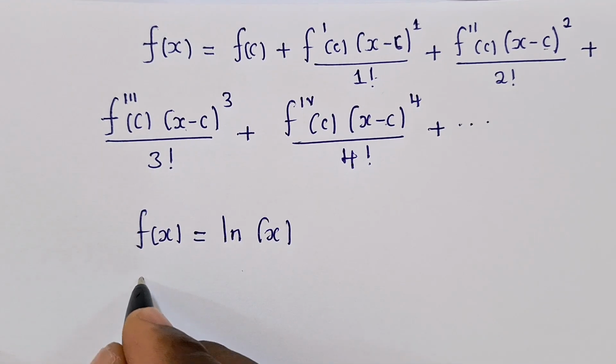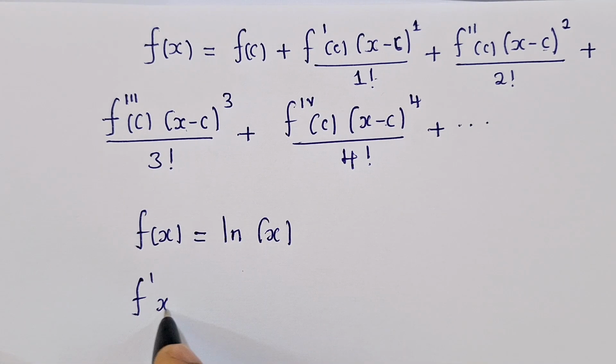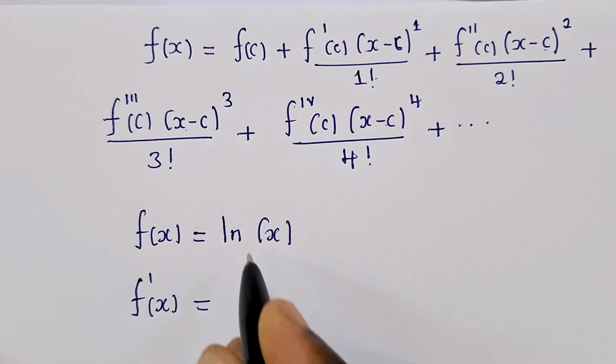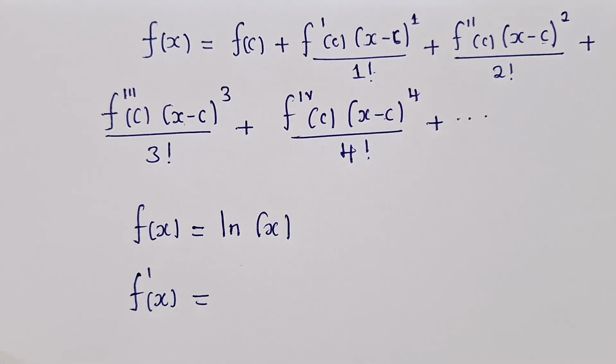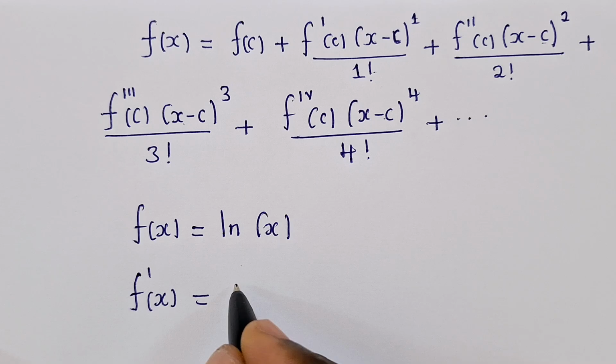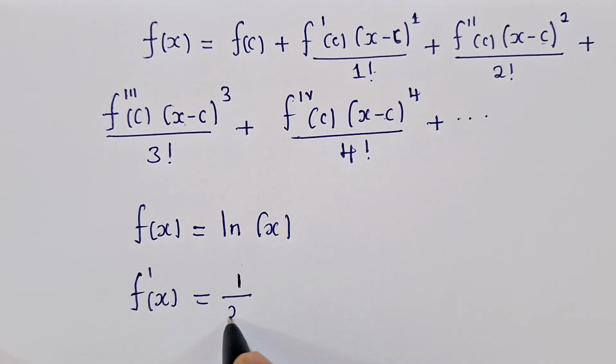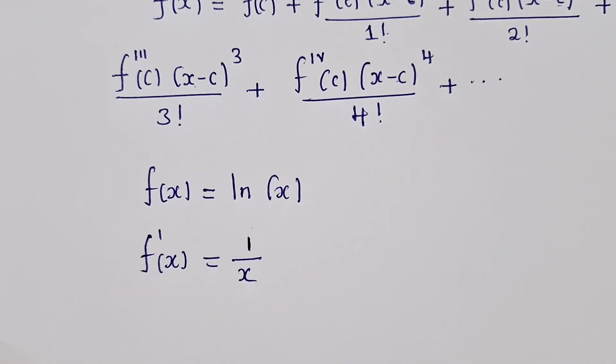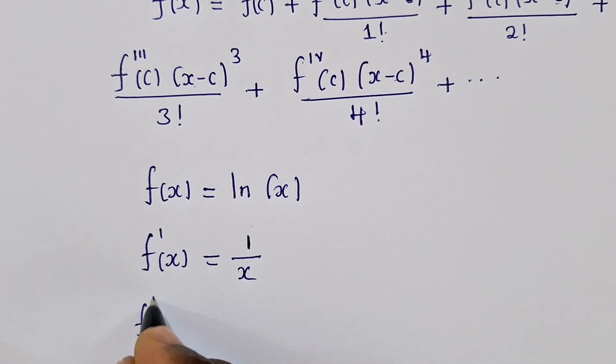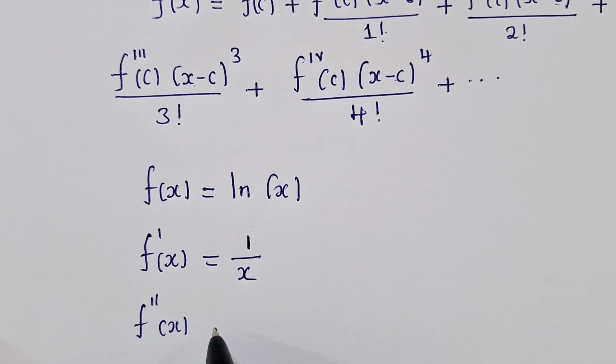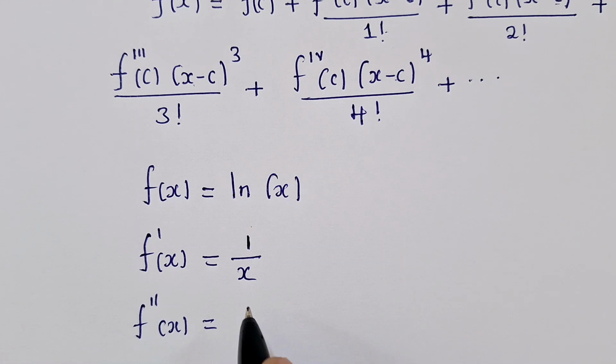We can write f'(x), meaning the derivative of ln x. What is the derivative of ln x? It will just be 1 over x. Again, we find the derivative for f''(x). This derivative will of course be negative 1 over x squared.